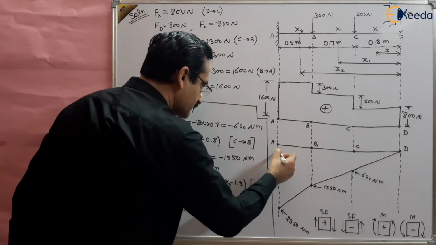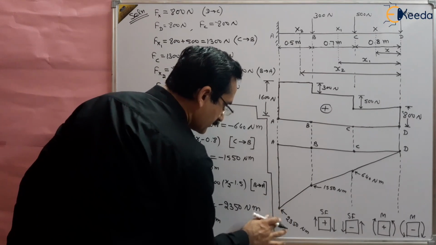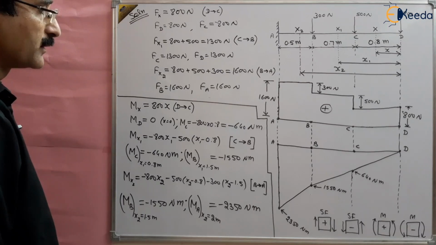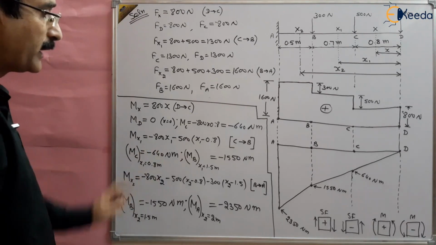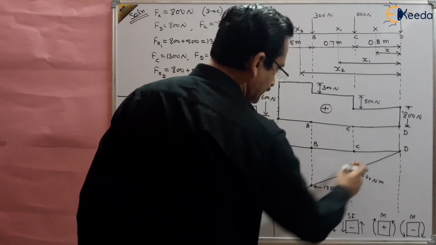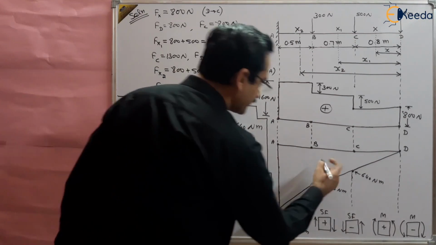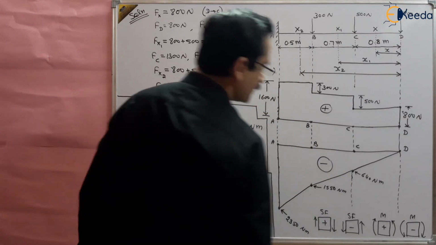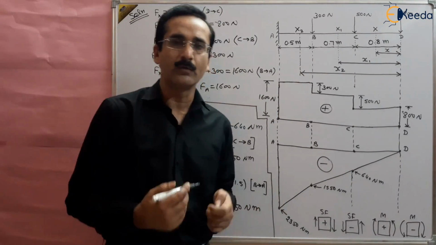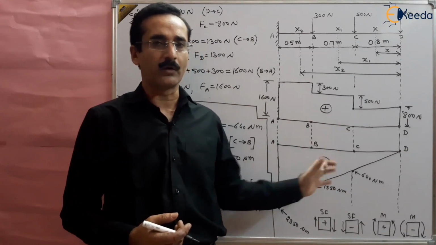And make a straight vertical line here, right? So this is the bending moment diagram, and these lines are straight lines, right? And this whole bending moment diagram is negative, isn't it? So this is how the bending moment diagram and shear force diagram are drawn for this question.